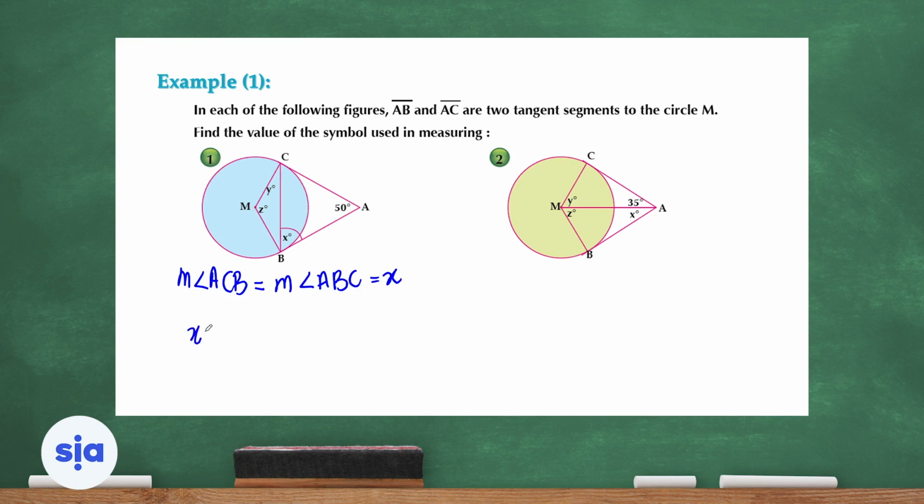Then x equals 180 minus 50, and the result is divided by 2. So x equals 65 degrees.